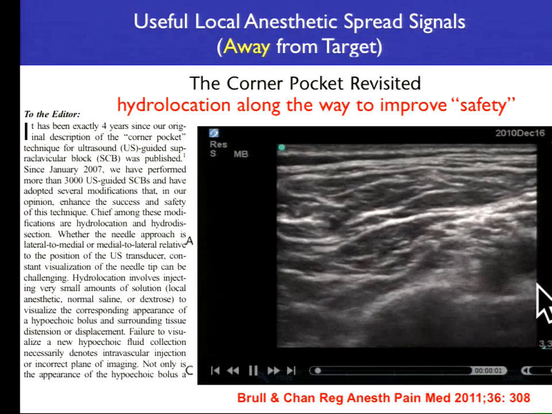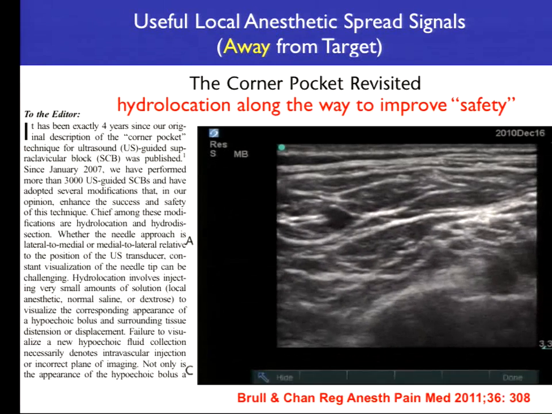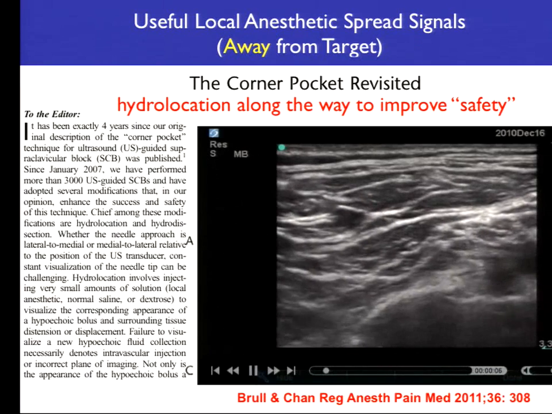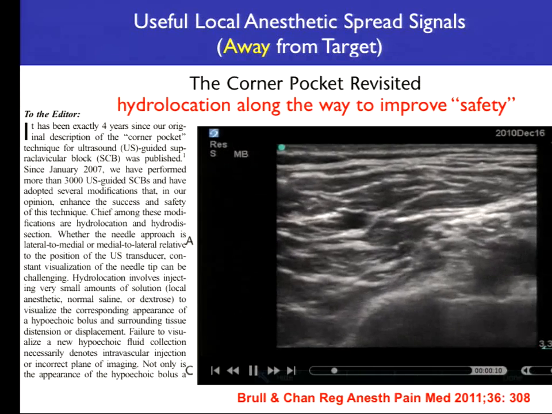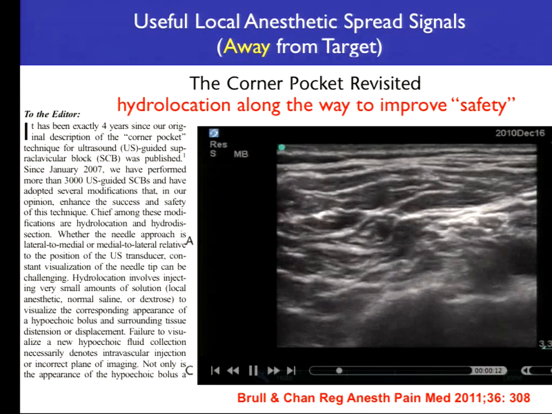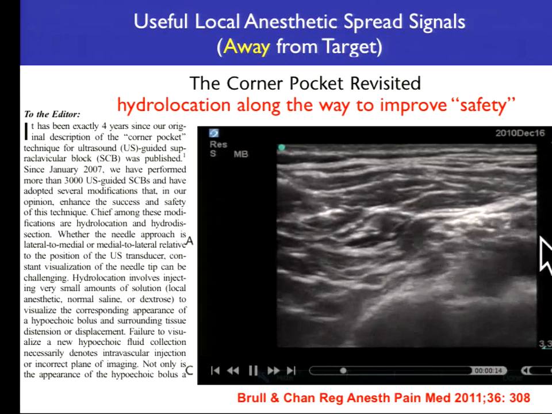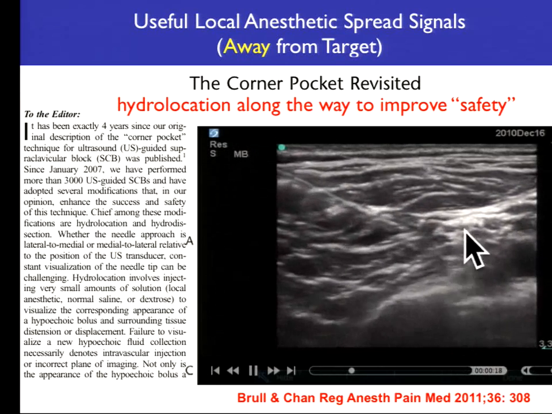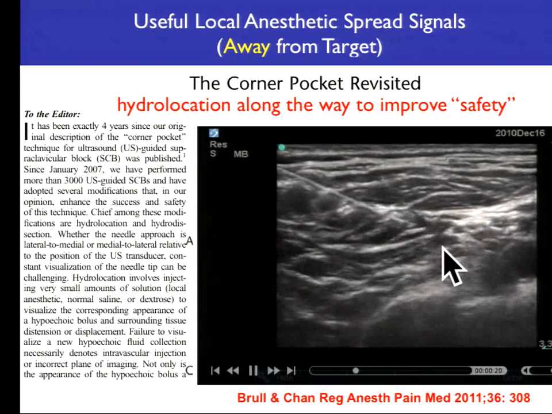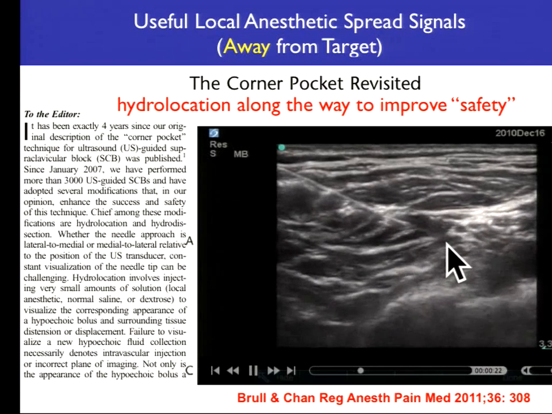We published this last year as a letter to describe how we have changed our practice for supraclavicular block. What is helpful to me is I want to see the needle tip as it goes in. If I don't see it, I use hydrolocation, but also the plexus is here. I want to create the space here.